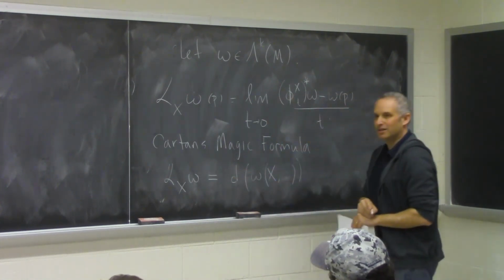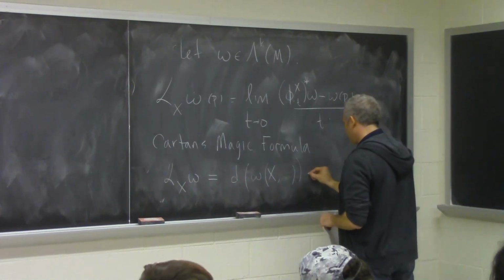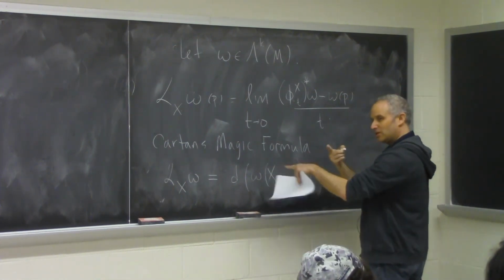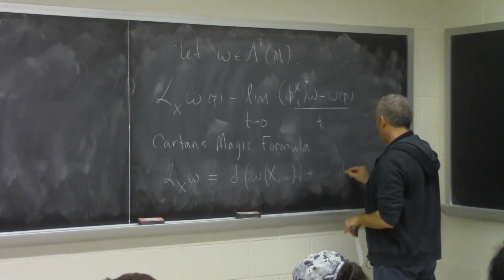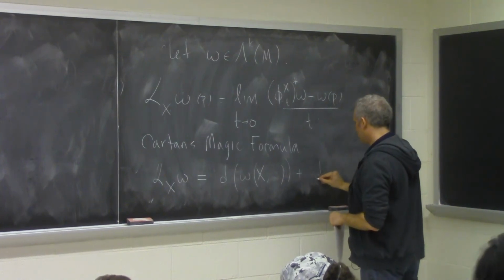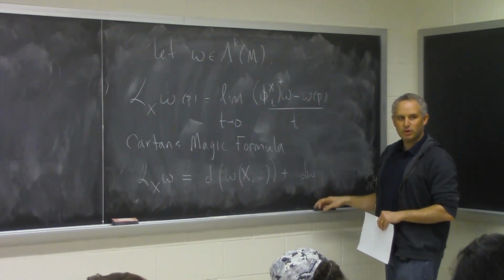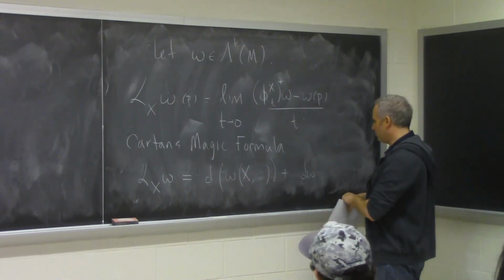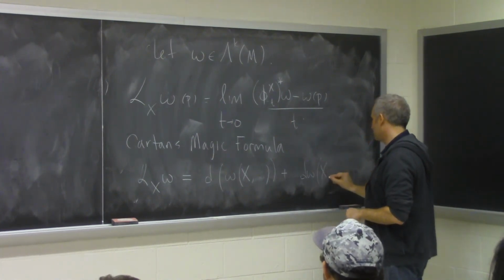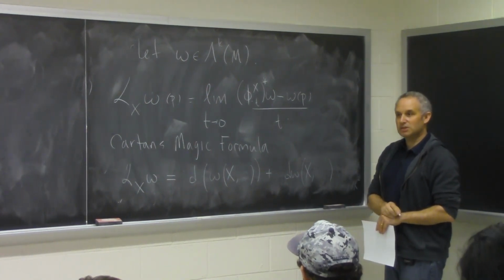You put a d there. That's not the only part of the formula. And then we do it in the opposite order. We take d of omega. That's a k plus 1 form. And how do we make it a k form? Well, we put x in its first spot. Does that make sense?